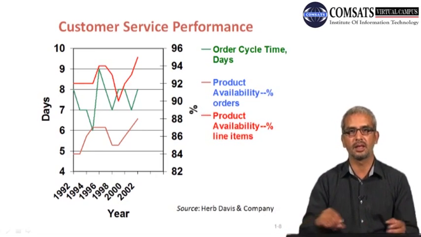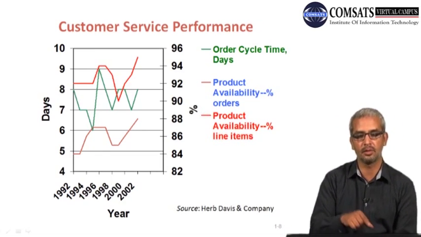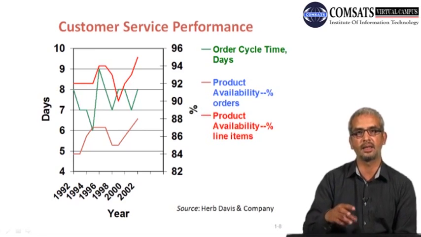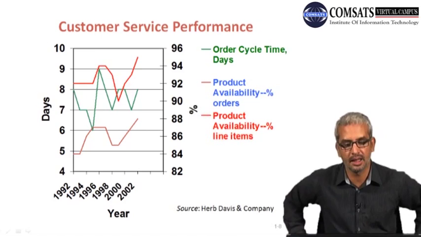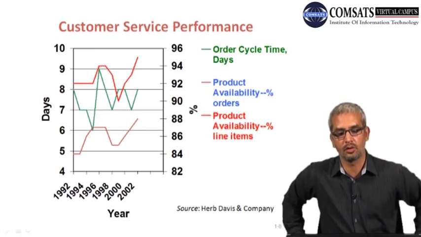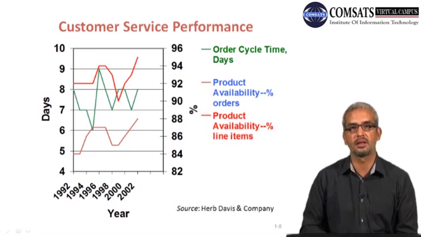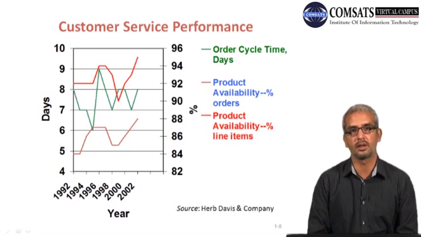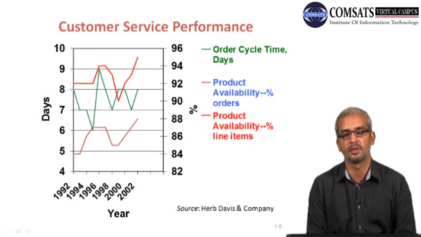So we must consider that a change in order cycle time is a massive improvement. Then product availability as a percentage of line items has increased to almost 95%, with an error of only 5%. That is again a massive improvement across time, from 92% to 95%.